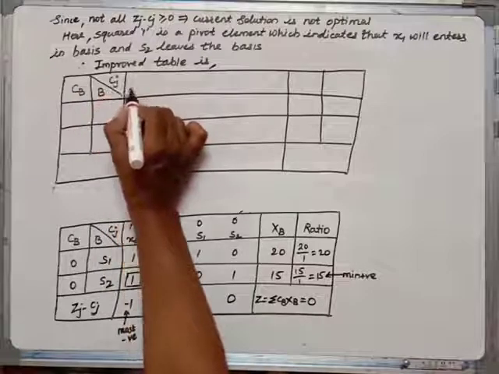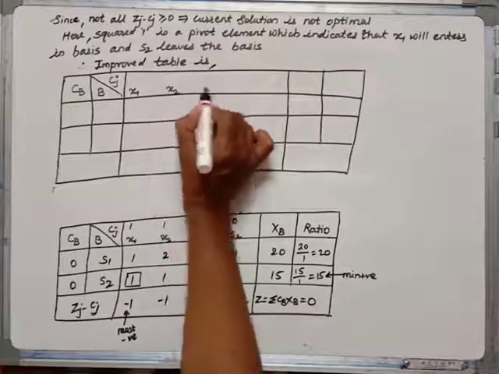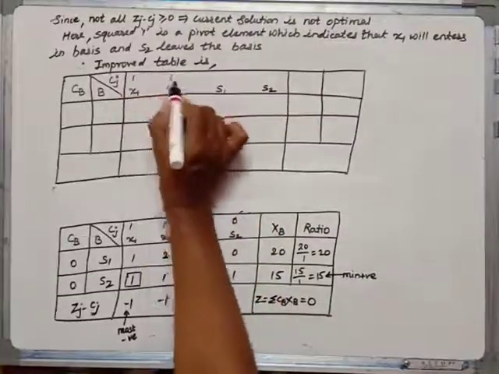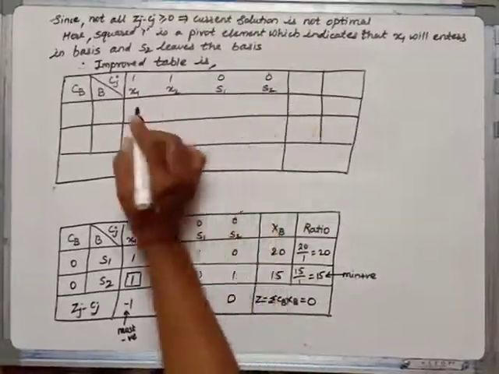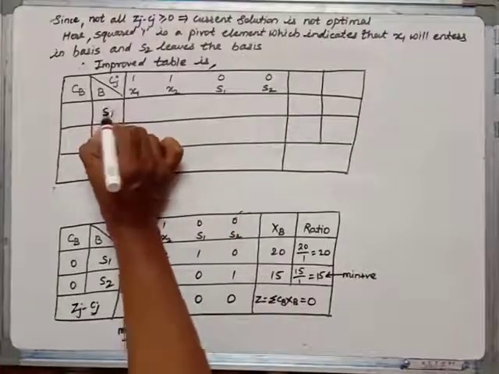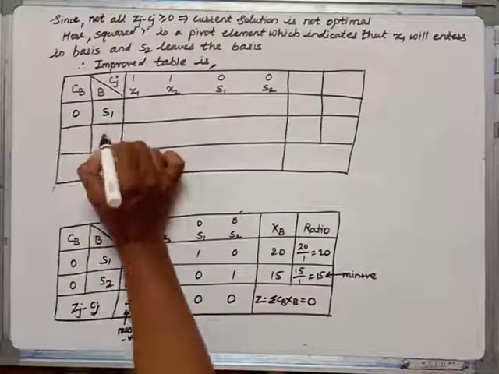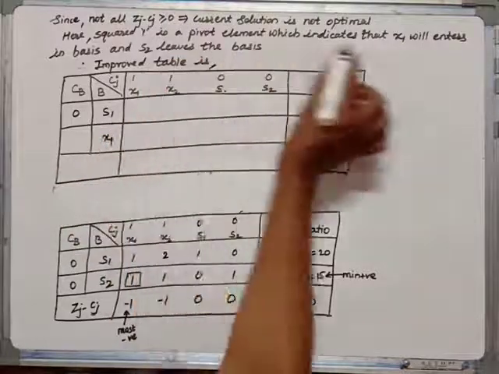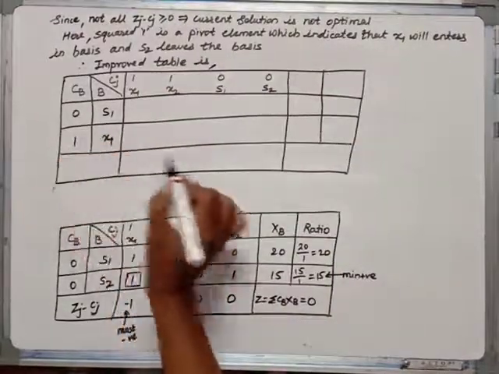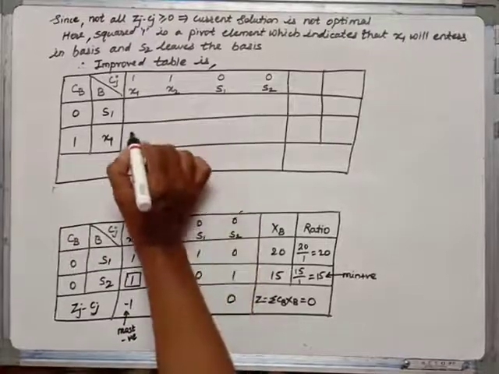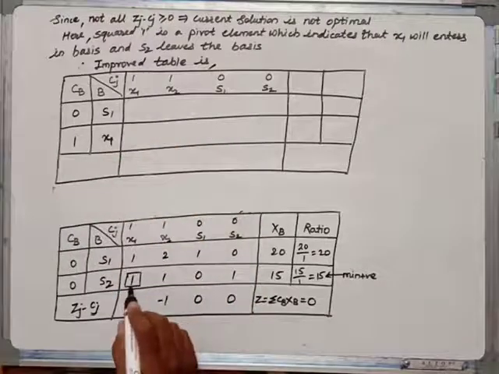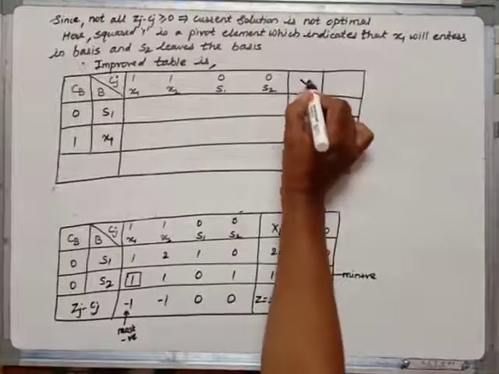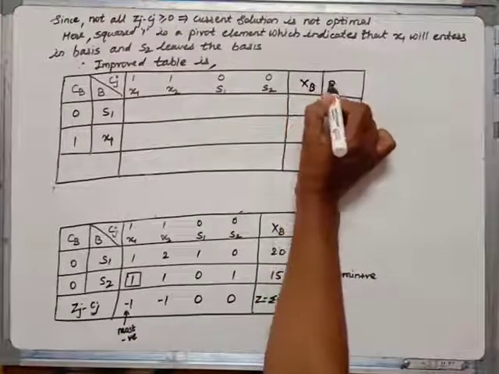B, Cj. Here x1, x2, s1, s2, so 1, 1, 0, 0. Here s1 remains as it has coefficient 0. Now s2 is replaced by x1, as x1 enters the basis having coefficient 1. Now here the pivot element is 1, so it won't change. It remains the same. Here the same xb ratio.